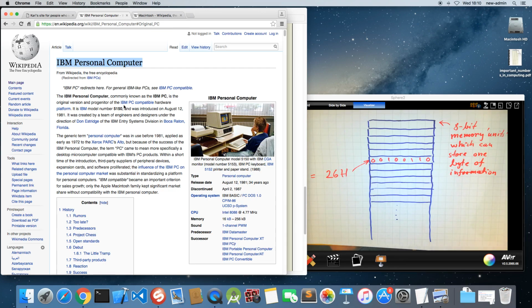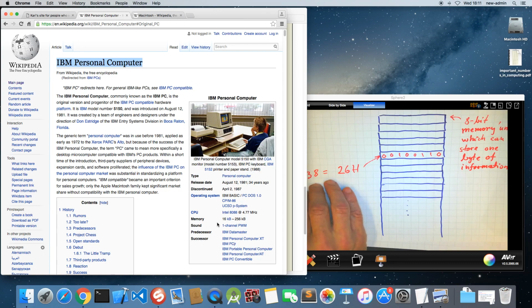And here are some technical specifications about this computer. It says here that it has memory 16 kilobytes, or from 16 kilobytes to 256 kilobytes.